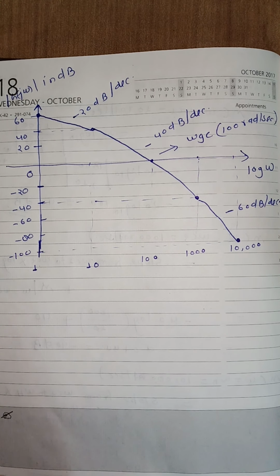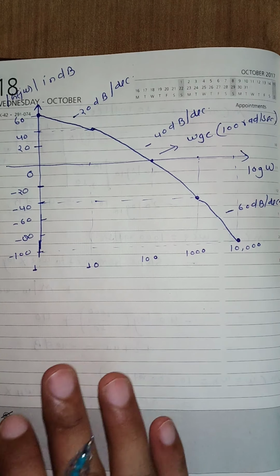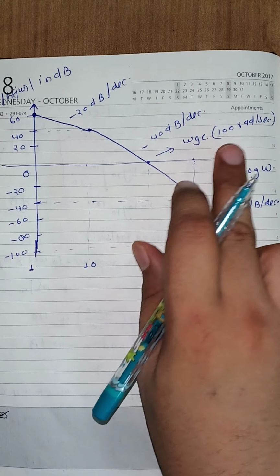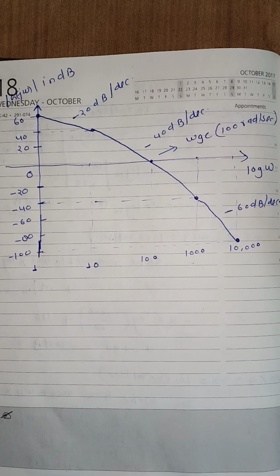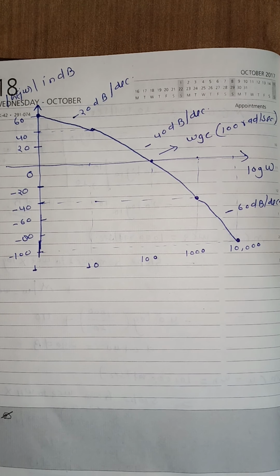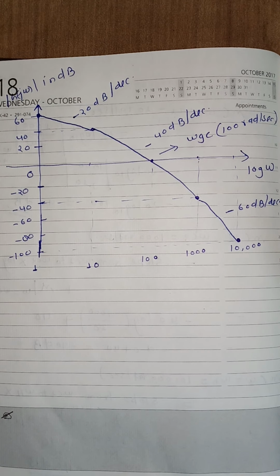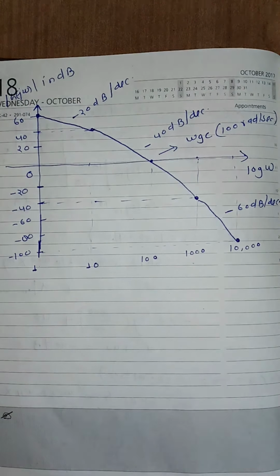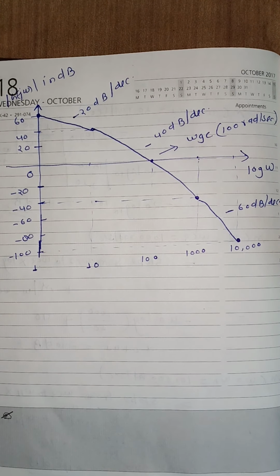Here I don't have any semi-log paper, so according to my plot, we have a gain crossover frequency of 100 radian per second. I already verified this value with the help of the mathematical formula.